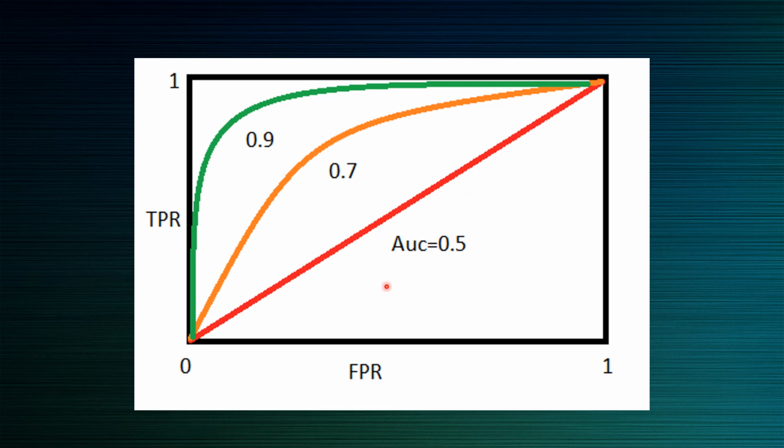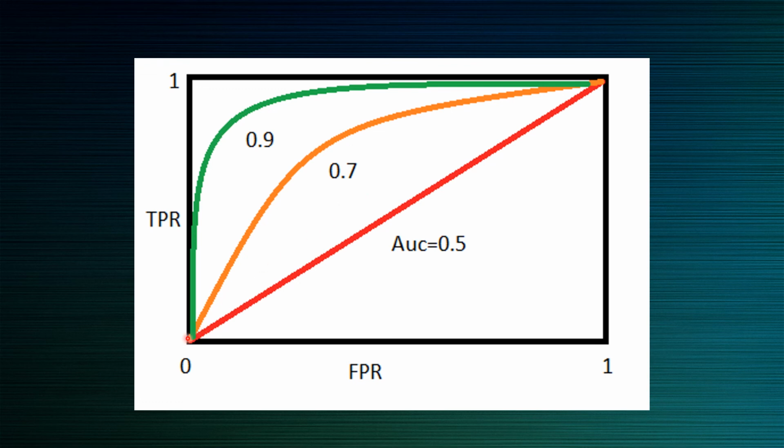Now, what is AUC? AUC is nothing but the area under curve. Now, when your AUC is 0.5, that is 50%, our classifier is not doing a very good job. Hence, it is the worst fit line. Now, when your AUC increases to 0.7, that is 70%, our classifier is doing a good job.